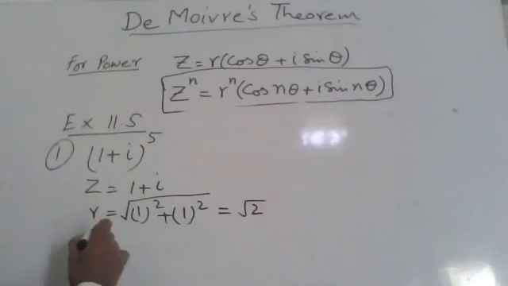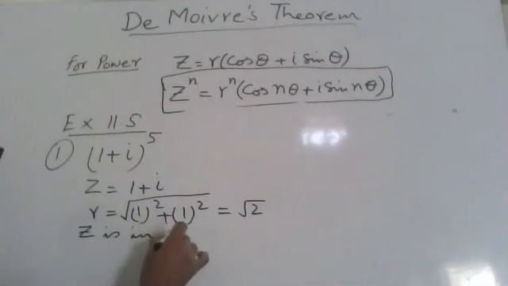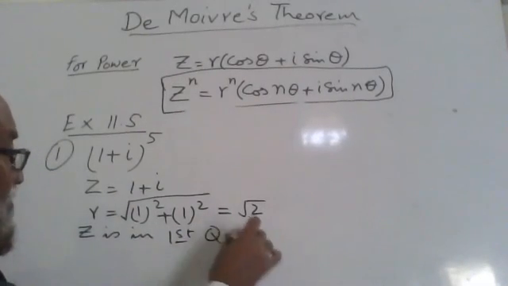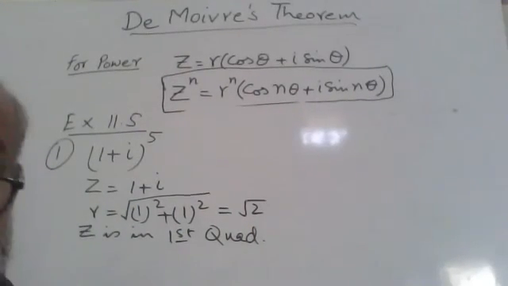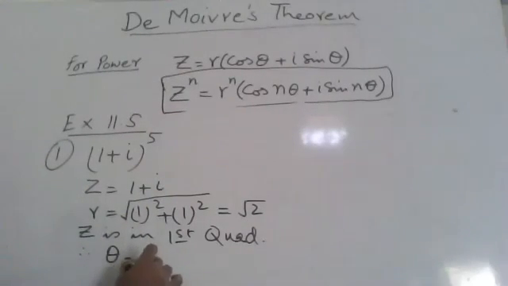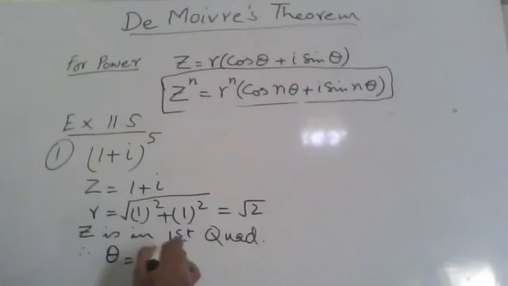Then we will find theta. Z is in the first quadrant. Therefore, theta will be equal to tan inverse of 1 upon 1, that means 1.